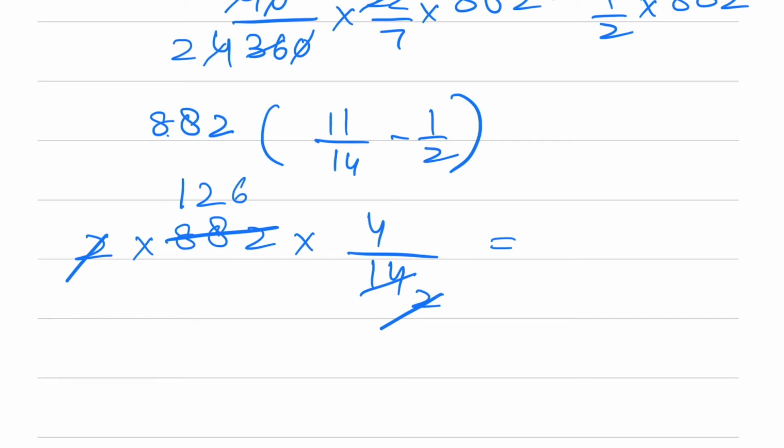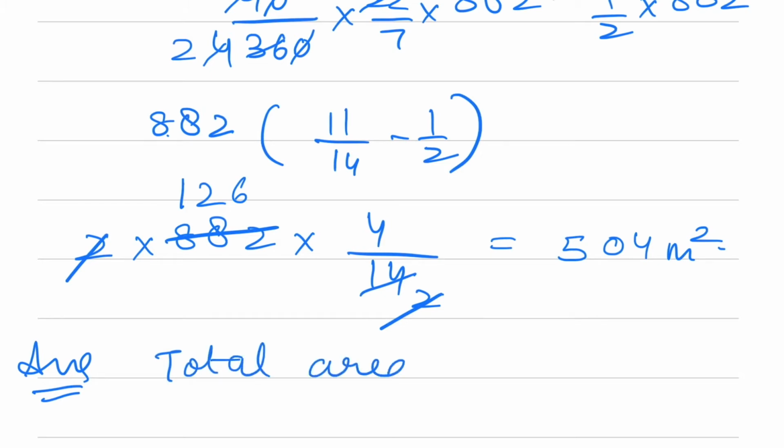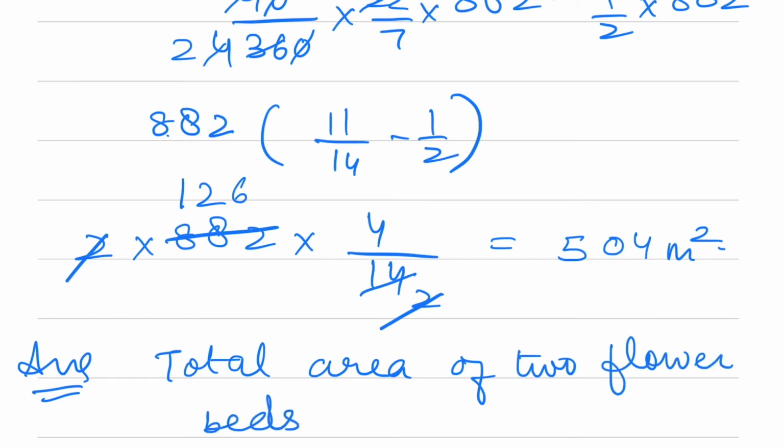So we have 504 meter square. So answer, the total area of 2 flower beds is equal to 504 meters square.